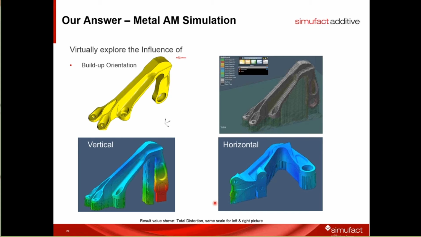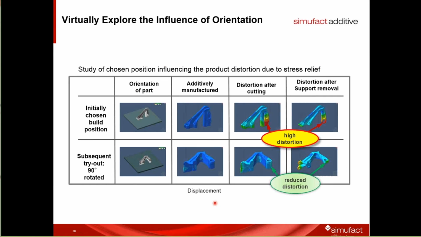We can go through that whole process of orienting the part on the base plate, doing the additive manufacturing, looking at the distortion after we've cut off the base plate, looking at the distortion after we remove the supports, and deciding which is the better configuration.